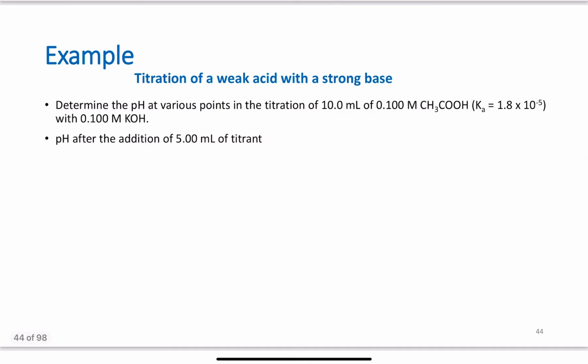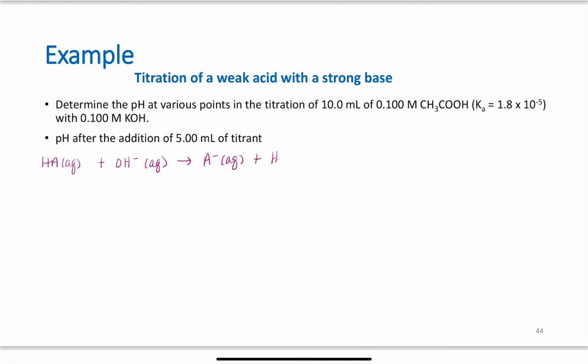What about the pH of the addition of 5 mils of titrant? Same process we just followed. My weak acid is going to react with my strong base, so I need a BCA chart. Remember, BCA means a single-headed arrow here. A minus and H2O are the products.